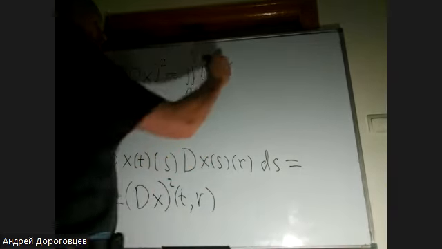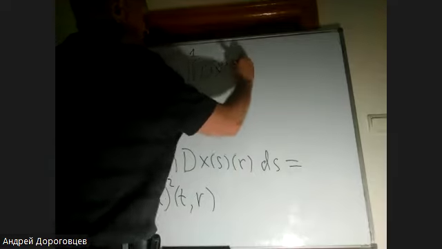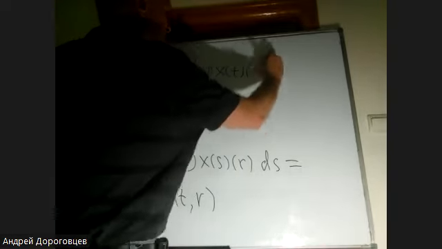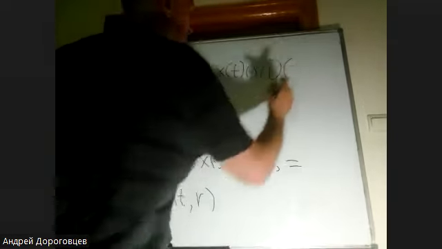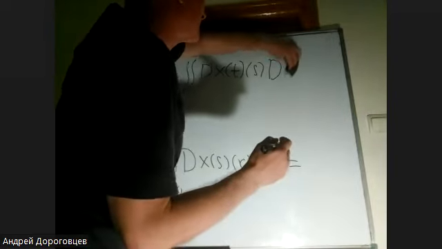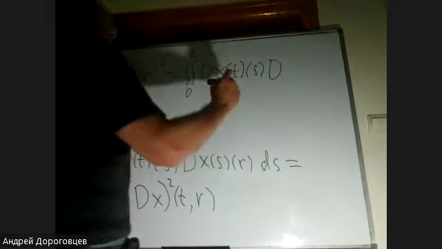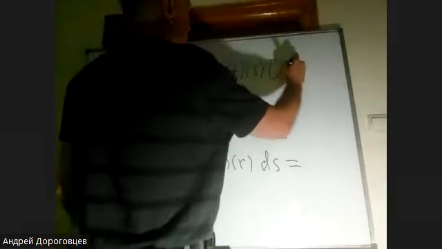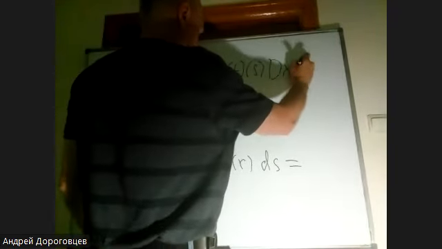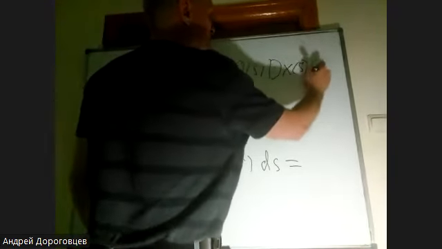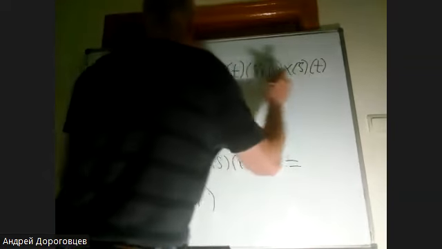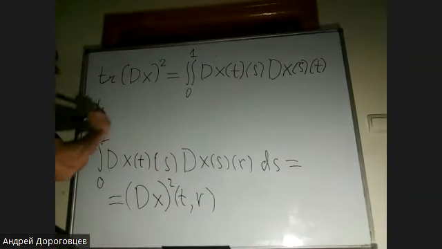Let me keep here dx_t(s), here we have dx_s(t), and then ds dt.